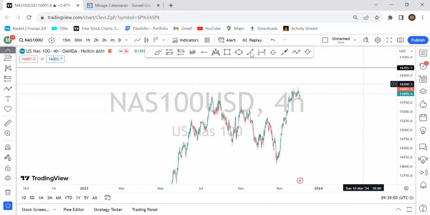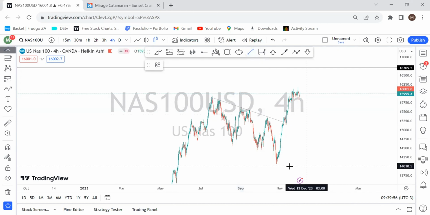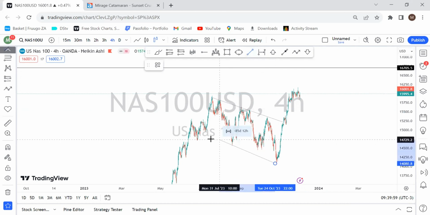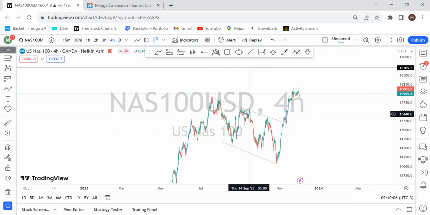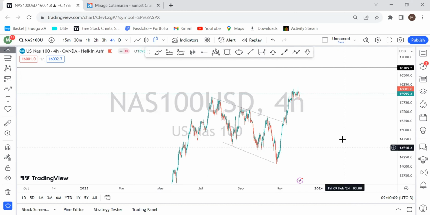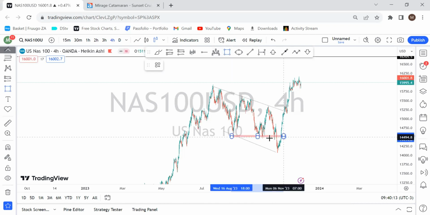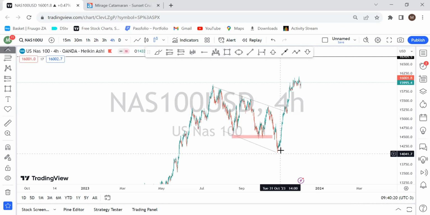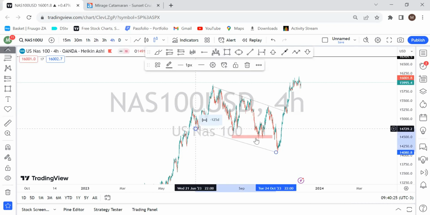So previously, right before CPI, we had this nice bullish correction where you could have had something like this, your resistance, your support, and on your support you basically have this touch right here, this touch, and this one as well. But to simplify it, you could have done so many things with this one, to be honest.